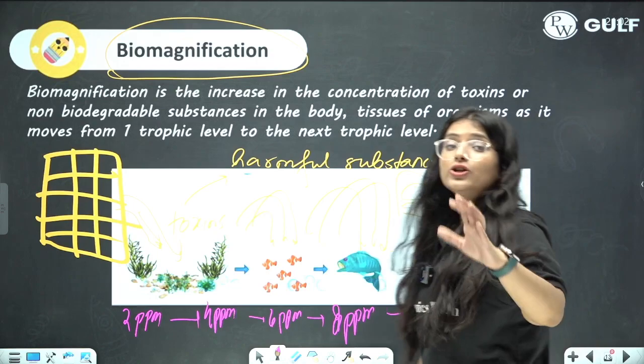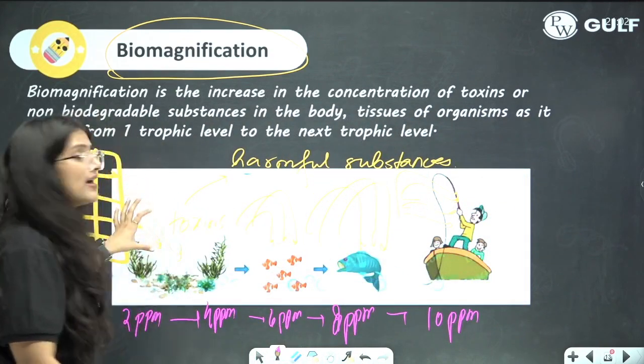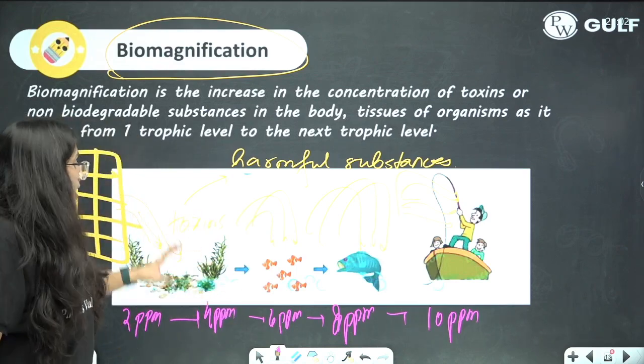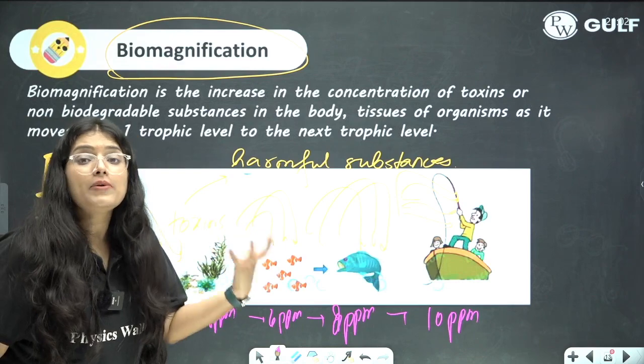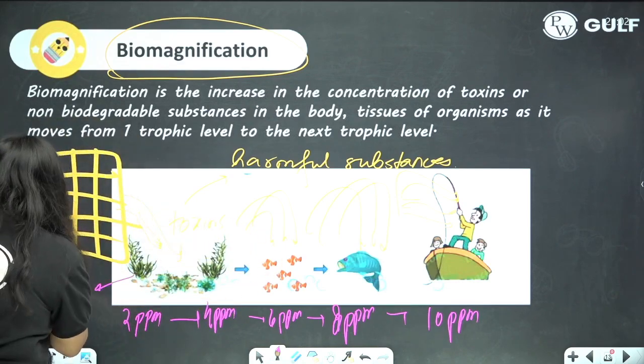Now when we were talking about energy transfer, we were saying that the maximum energy was present at the producer level, at the first trophic level. But where there is maximum energy at that trophic level, there would be minimum toxins.